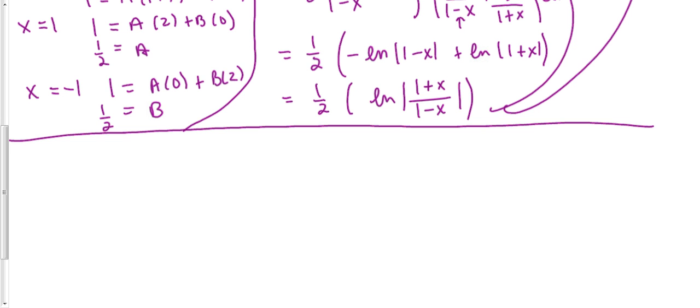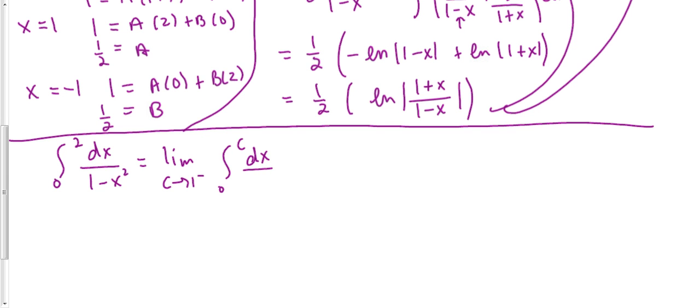Our big integral, what we're trying to solve, from 0 to 2 of dx over 1 minus x squared, is equal to the limit as c goes to 1 from the negative side of the integral from 0 to c of dx over 1 minus x squared, plus the limit as c goes to 1 from the positive side of the integral from c to 2 of dx over 1 minus x squared.